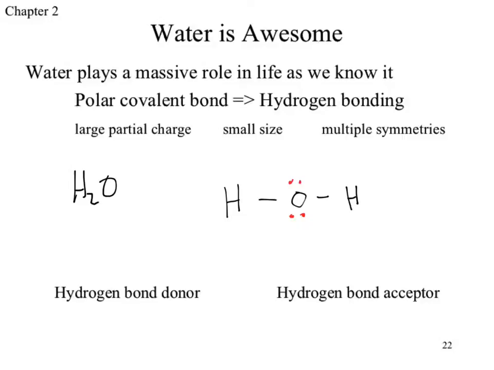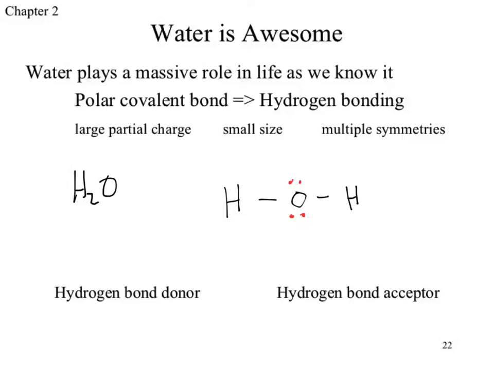This says large partial charge. To get a large partial charge, what has to happen? What is a partial charge? It's a high electronegativity atom. If I have a very high electronegativity atom, which is the most electronegative atom on the planet? Fluorine.